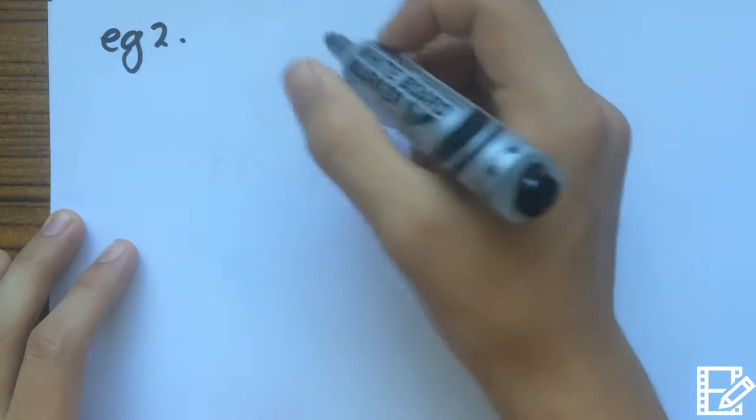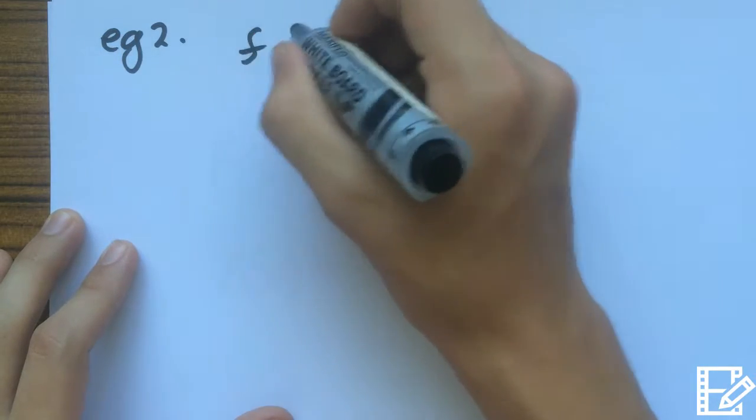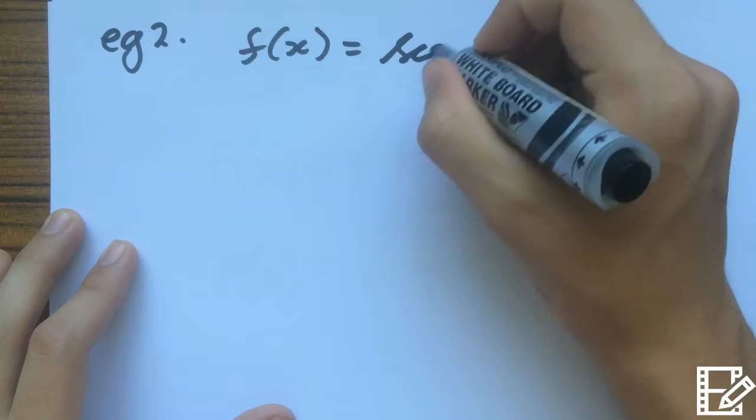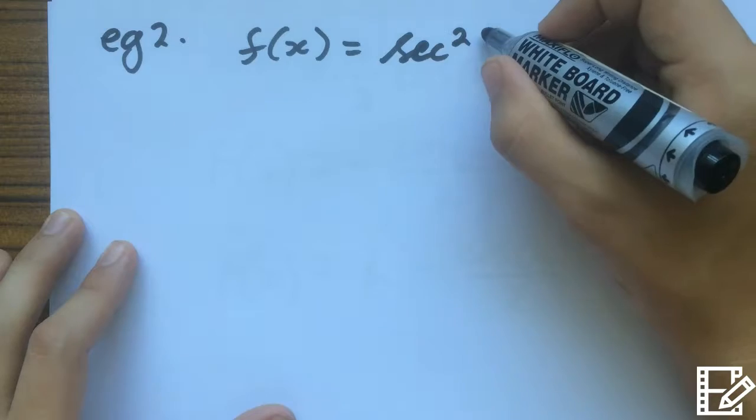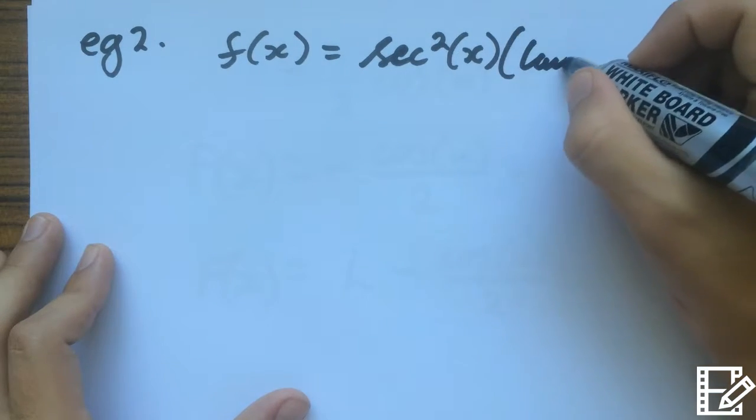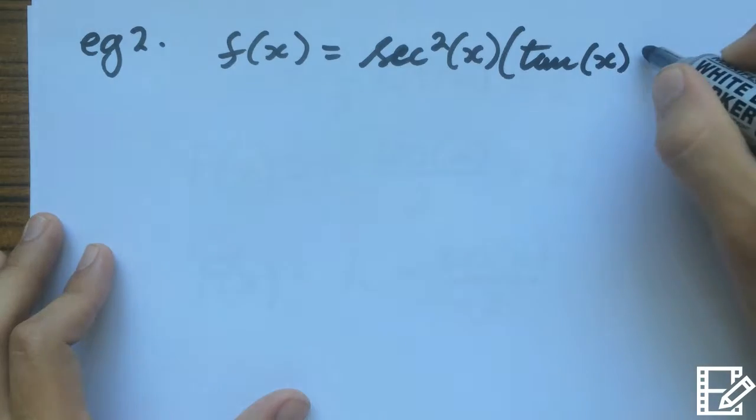Next example, let's say function equals sec squared x multiplied by tan x plus 1.